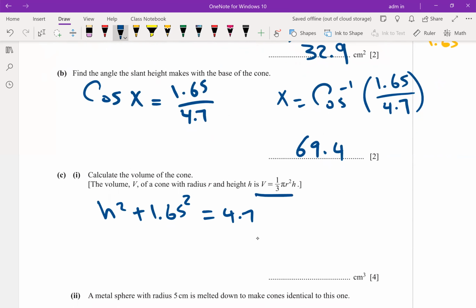By moving it to the other side and taking the square root, what is the height? 4.7 squared minus 1.65 squared. What is the height? 4.4. Increase the number of decimals.